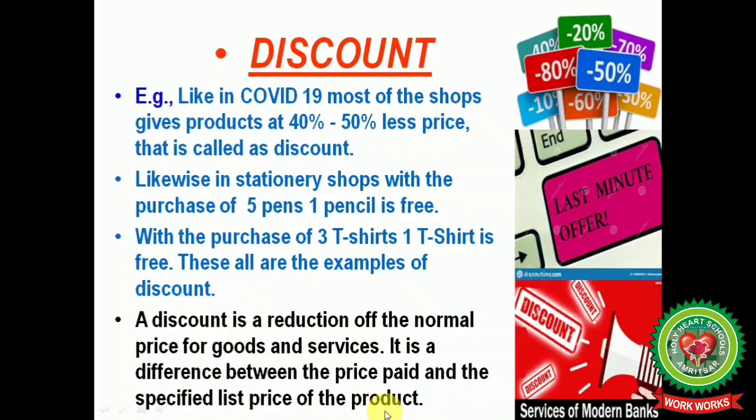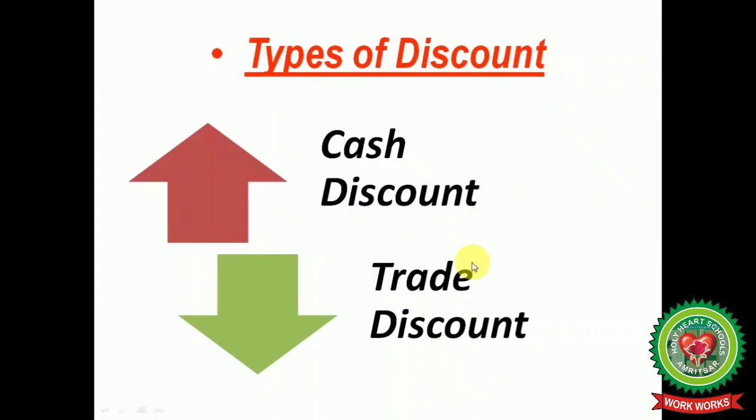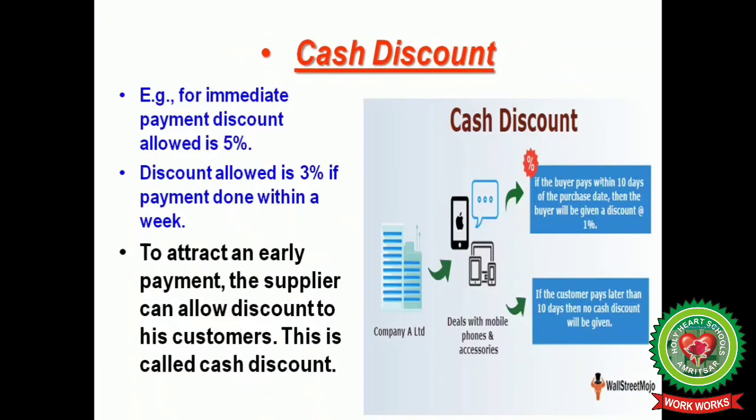Next is the types of discount. There are two types of discount. The first one is cash discount and the second one is trade discount. First of all, the cash discount means for immediate payment, discount allowed is 5%.